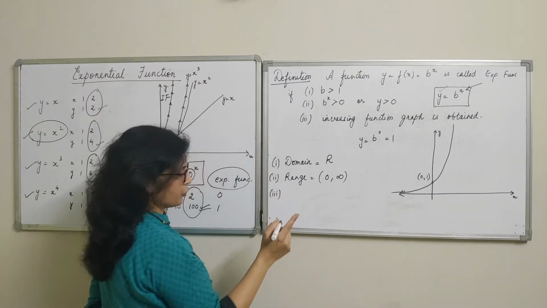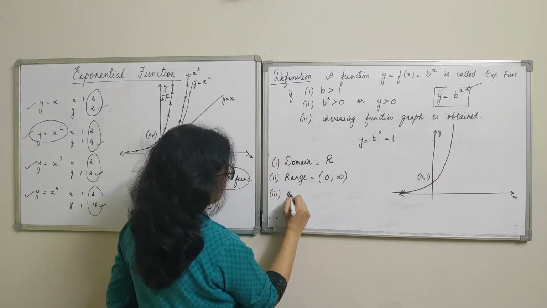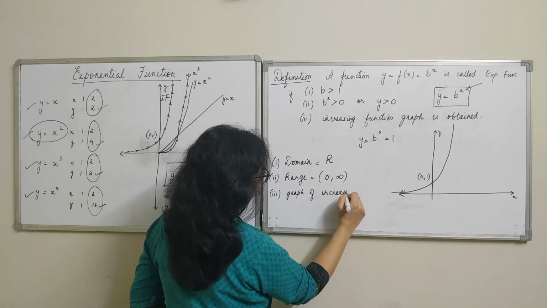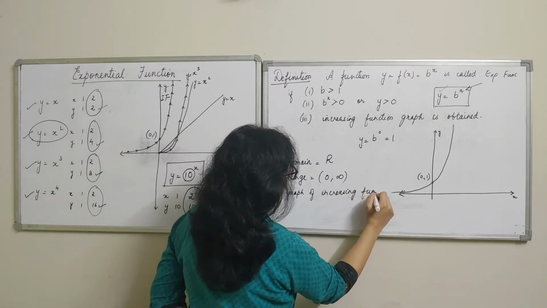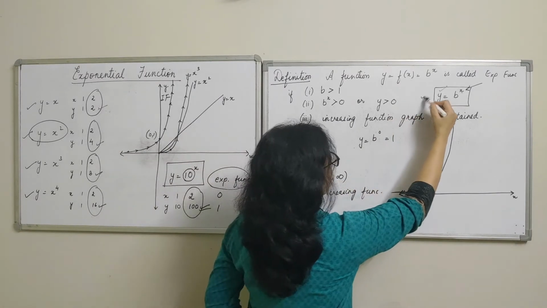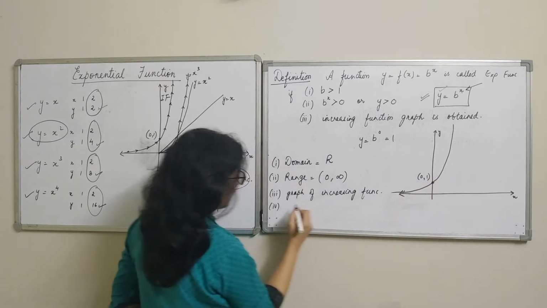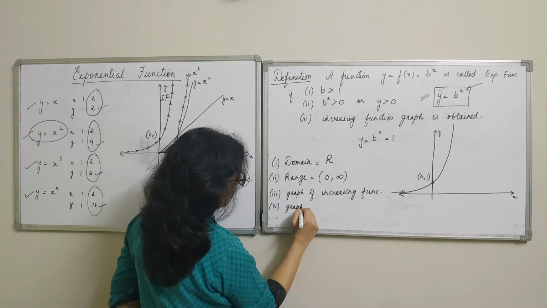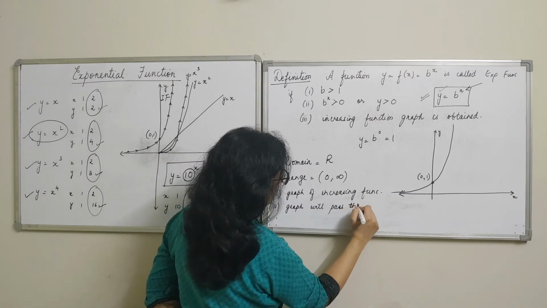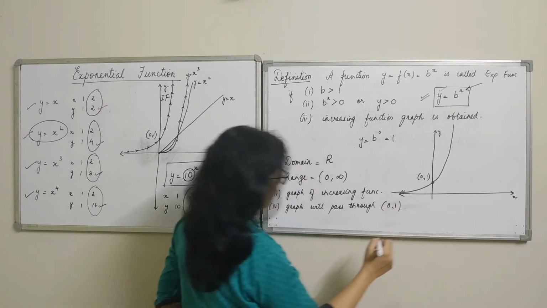The third point you also notice here is that this is the graph of an increasing function, which I have just explained. Every exponential function will pass through the point (0, 1). So the graph or the curve will always pass through the point (0, 1).